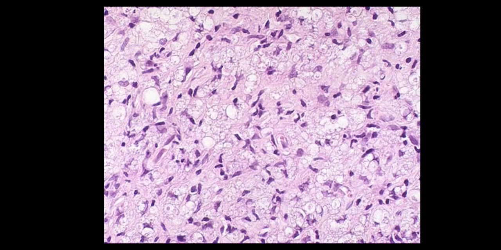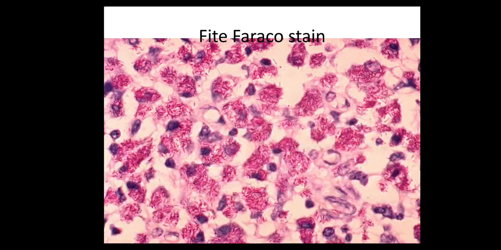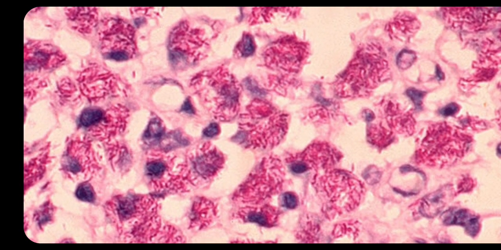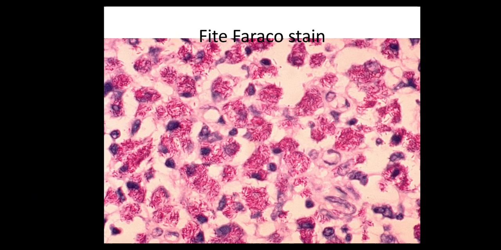These bacilli can be singly arranged, or they can be in clusters, which are called globi. Now the special stain to demonstrate the bacilli, the pink rod-shaped structures which you are seeing, is the Wade-Fite stain. That is a special stain.